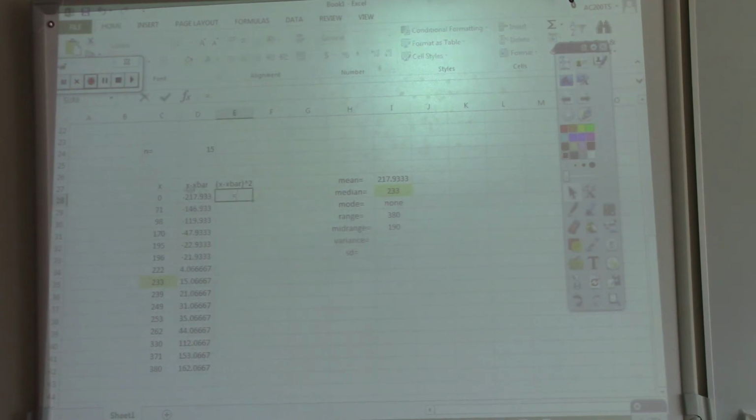Square it. Square it, make them all positive. There's some big numbers, but that's okay. And then what do we do to X minus X bar quantity squared? You got to add them all together. And that'll give you your numerator.